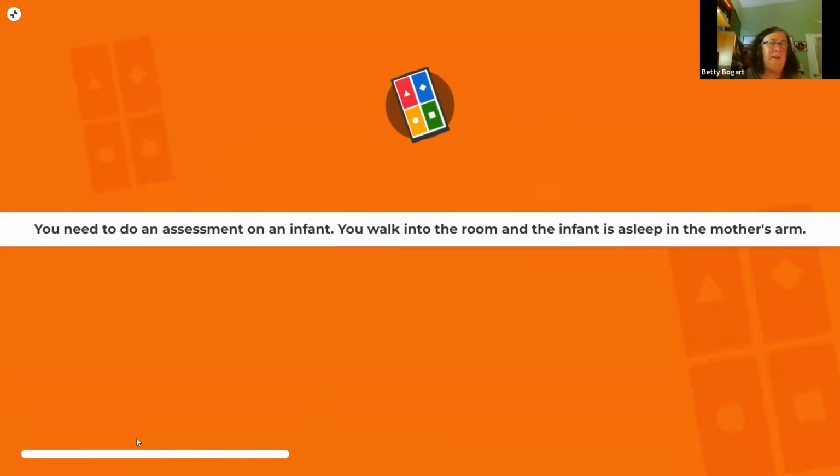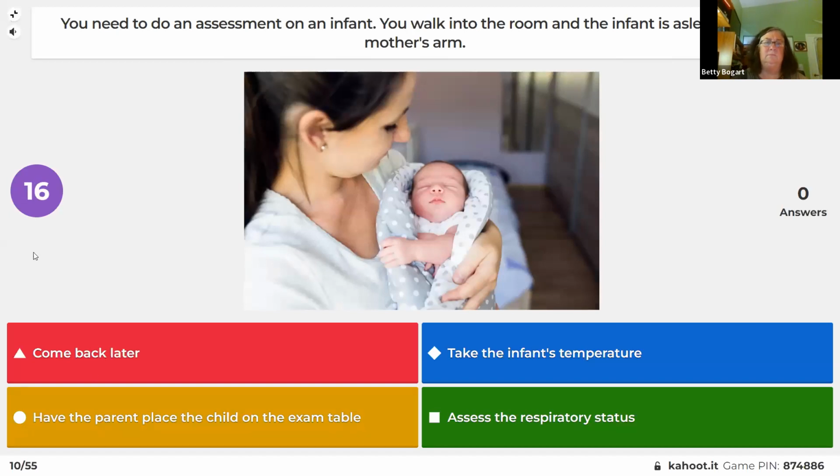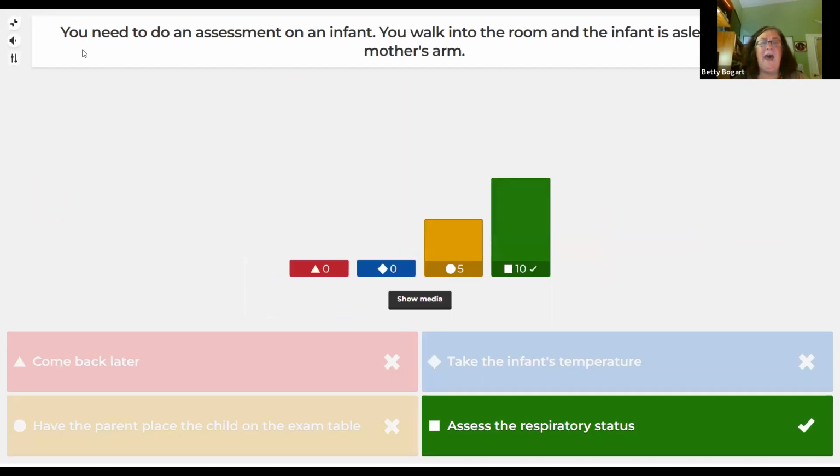You need to do an assessment on an infant, and you walk into the room and that infant's asleep in the mother's arms. What are you going to do? This is the absolutely perfect time to look at their respiratory status, because infants, when they're in distress, you'll see their little nares flaring.